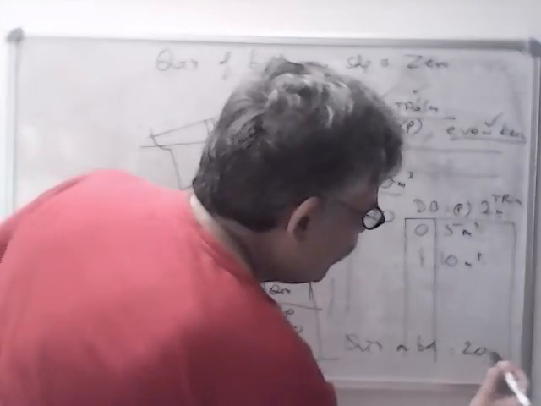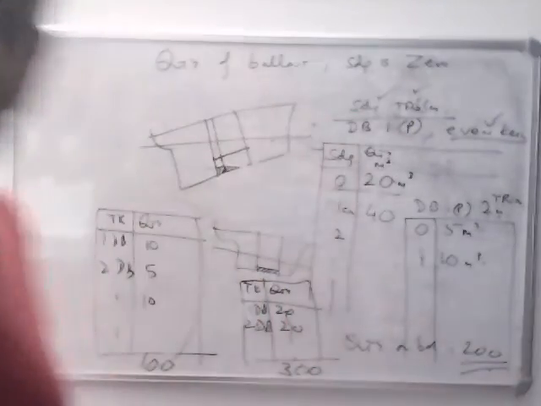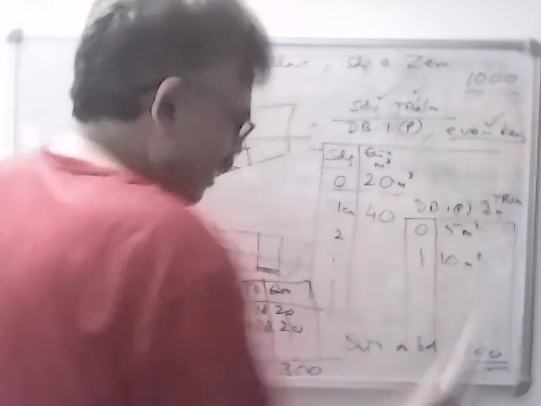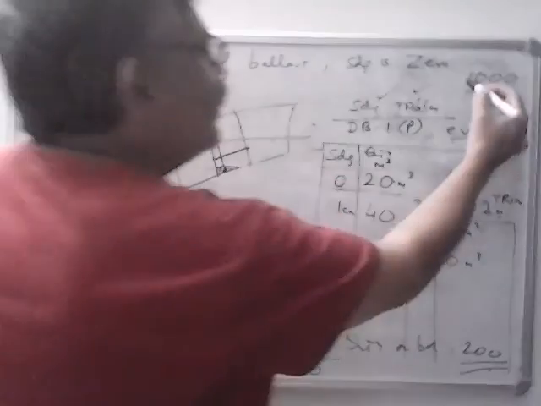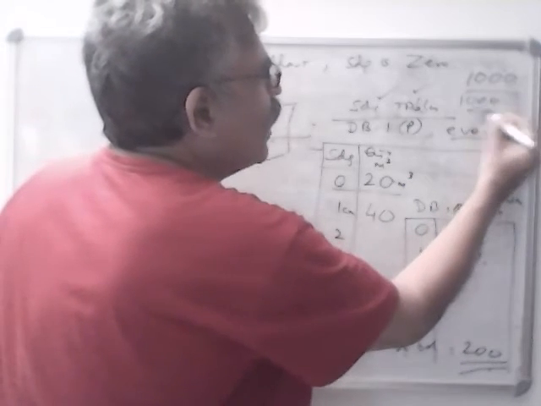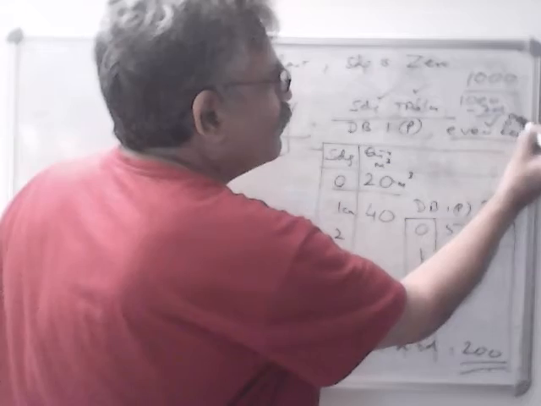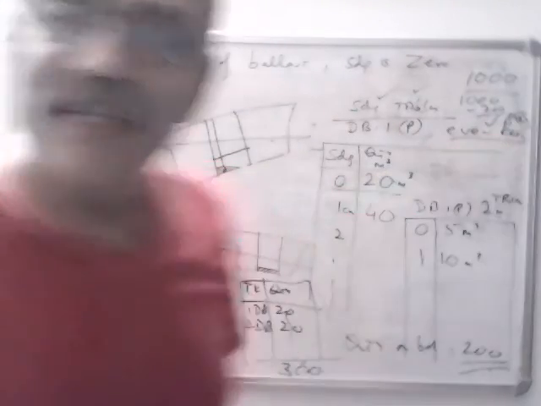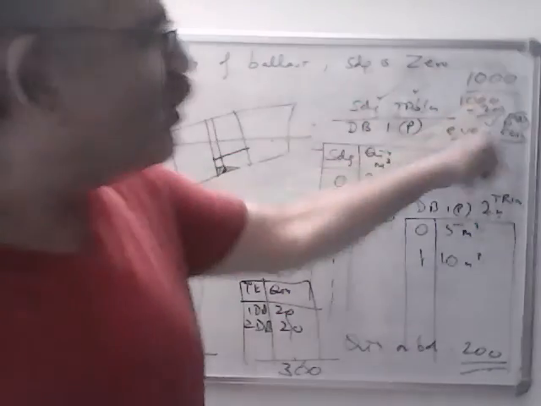So you get 200 less cargo. If your actual cargo is 1000, which you have loaded, and you present this, the cargo calculated will be 1000 minus 200, so 800 tons. So actual cargo is 1000, but on paper you are showing 800.